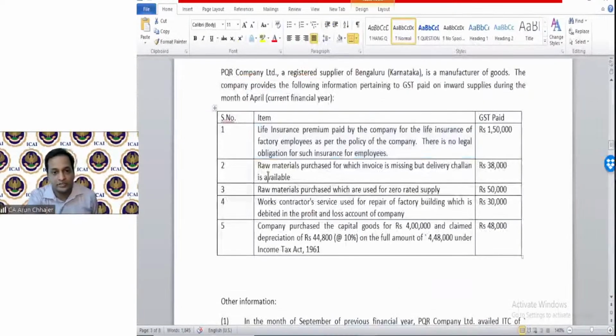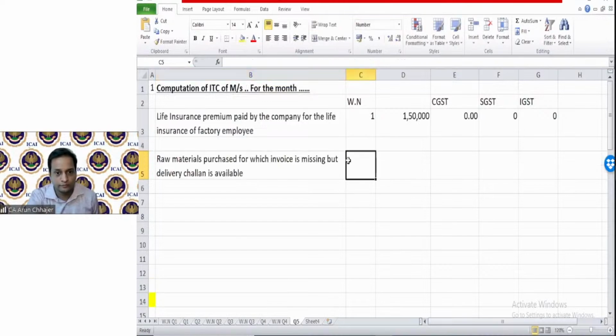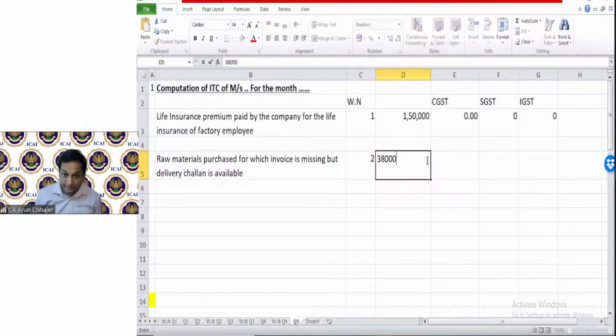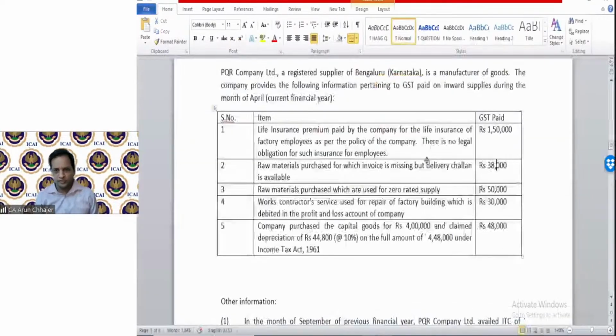Now next is raw material purchase for which the invoice is missing but the delivery challan is there. I think we can take the ITC of rupees 38,000. Whether ITC would be available or is there any concern? Whether ITC would be available if I have the delivery challan, but the invoice is missing?